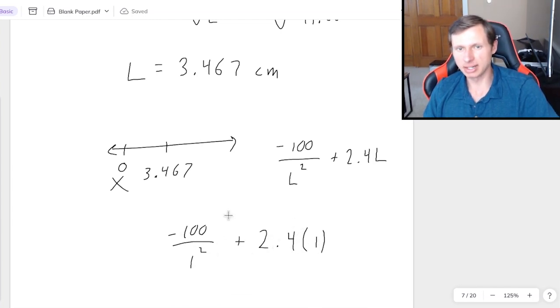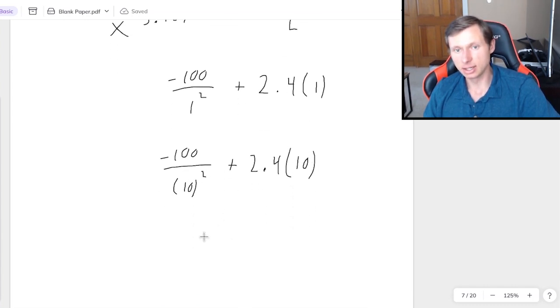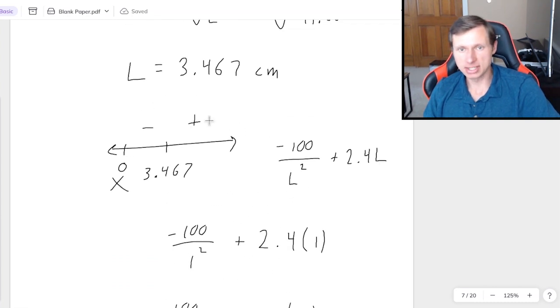That's definitely going to be a negative number. And then if I plug in a number like 10, negative 100 over 10 squared plus 2.4 times 10. That's going to be -1 plus 24, which is definitely positive.